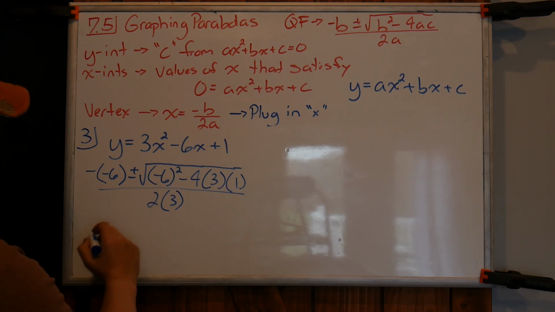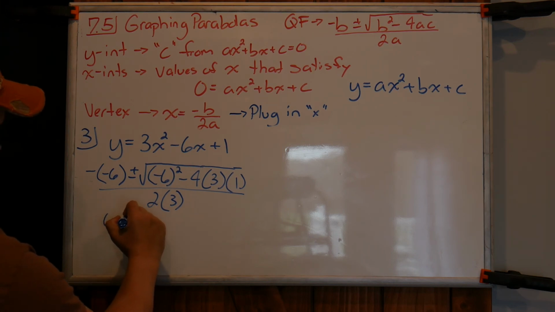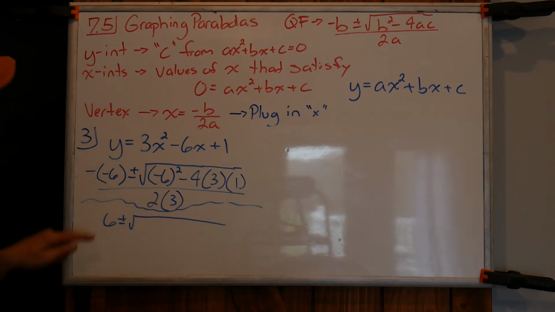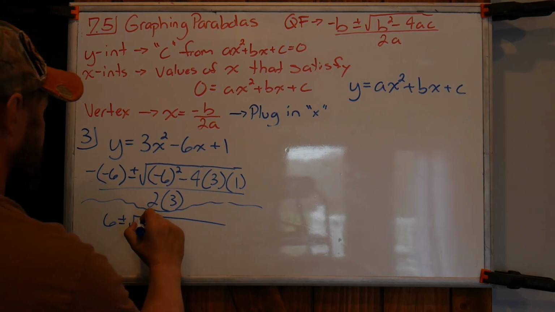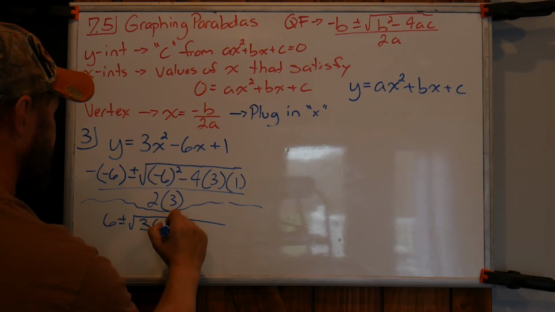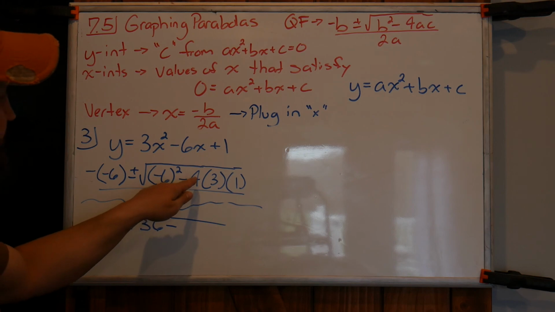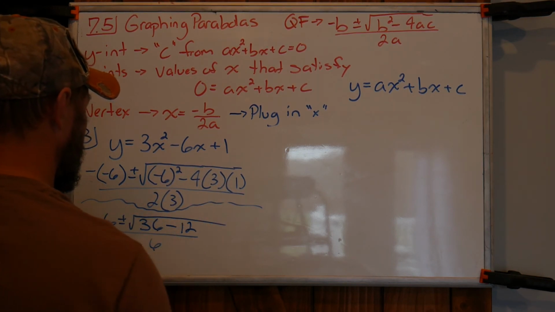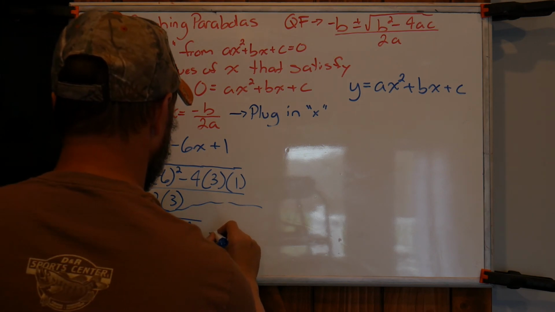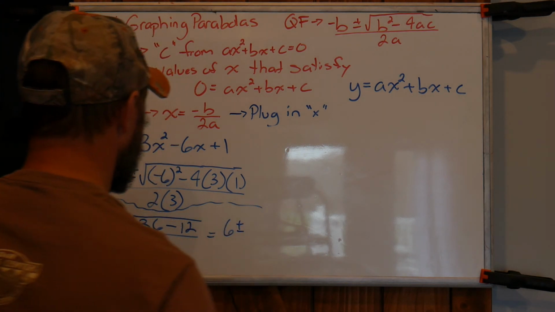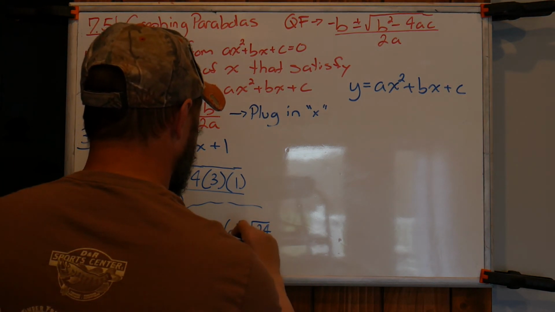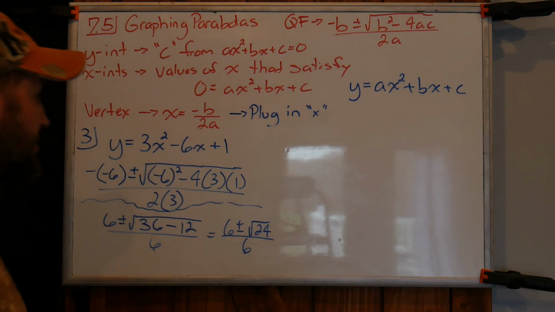So to clean it up a little bit, I'll just move over here. It's negative 6, so that's 6, plus or minus the square root of 36 minus 4 times 3 times 1 is 12, all over 6, equals 6 plus or minus the square root of 24 over 6.